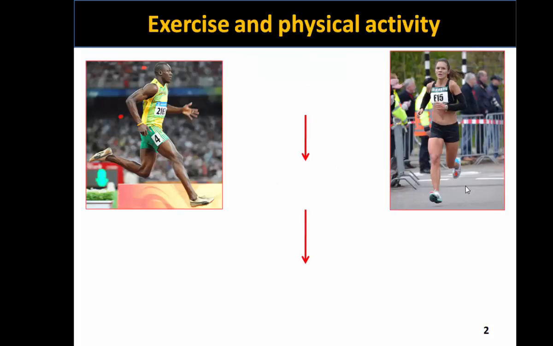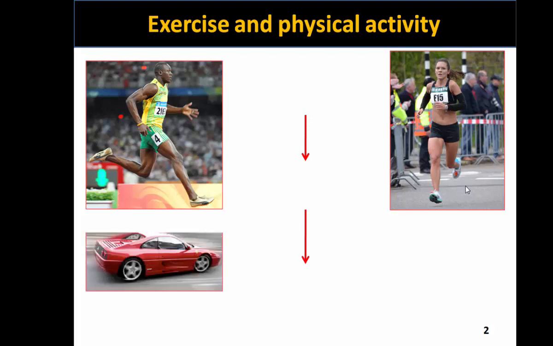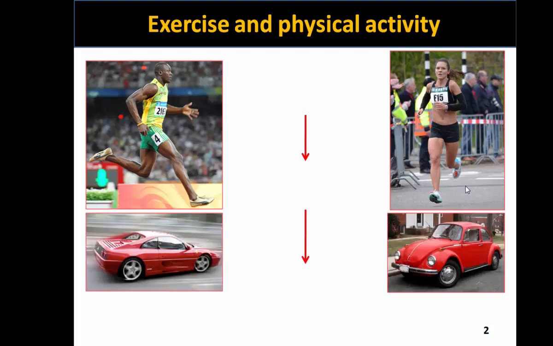And so if we start with examining two different athletes who are at the very top of their respective sports, and when we think about how these two athletes operate, there are some similarities and some real differences between the two. And I like to use the analogy of two different cars.